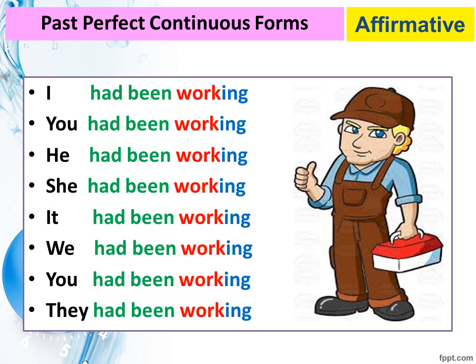So I had been working, you had been working, he had been working, she had been working, it had been working, we had been working, you had been working, they had been working. Notice here it's the same form with all subjects pronouns.